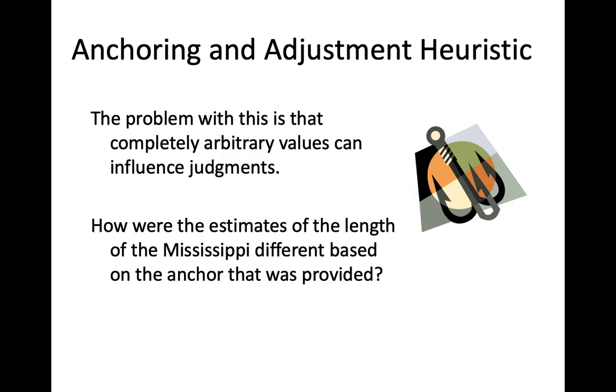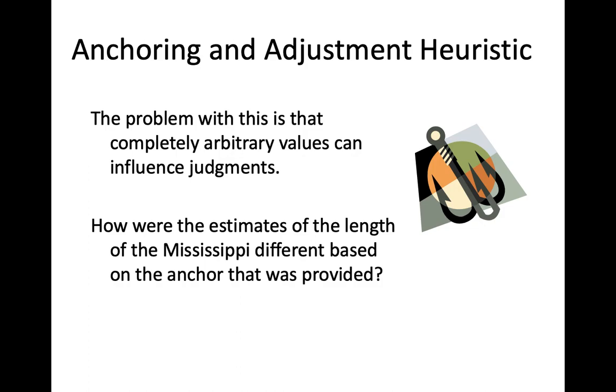So how were estimates of the length of the Mississippi different based on the anchor that was provided? Did you notice that in the first case, you had a much shorter estimate of the Mississippi River? If I had asked you to give an estimate and I had given you the anchor of 5,000, your estimate probably would have been longer.